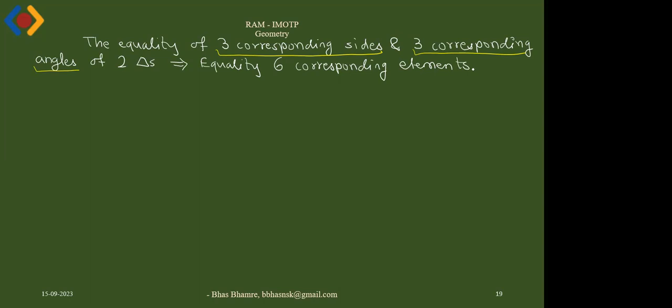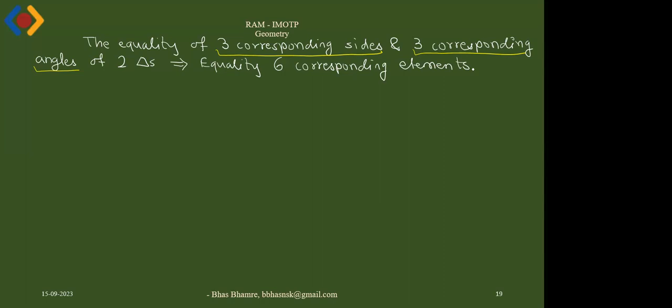Here we mean elements to be only angles and sides. Altitude, median, internal angle bisector, external angle bisector, or perpendicular bisector of a side are the next elements of the triangle, so we may consider them afterwards. Here I say equality of six corresponding elements.